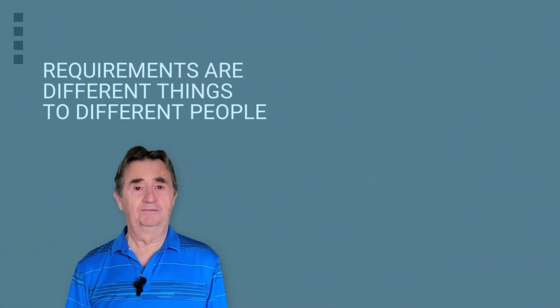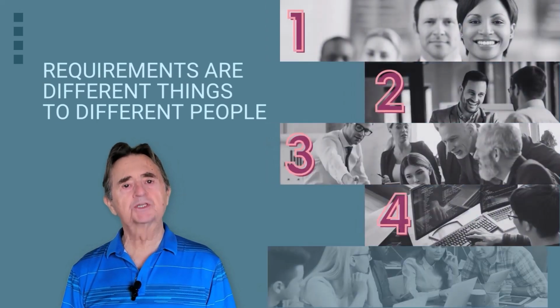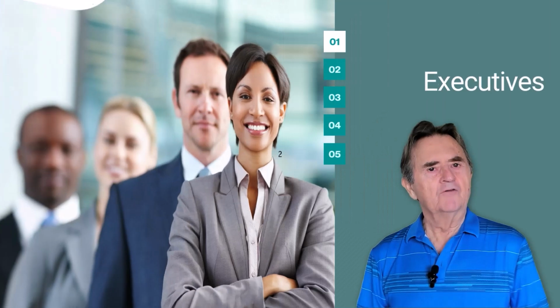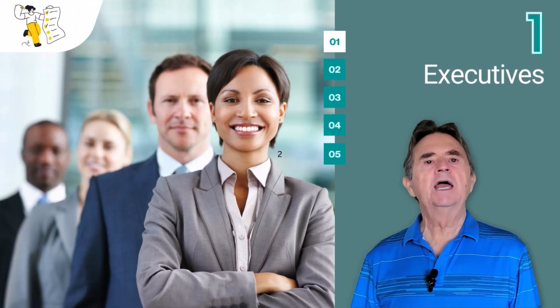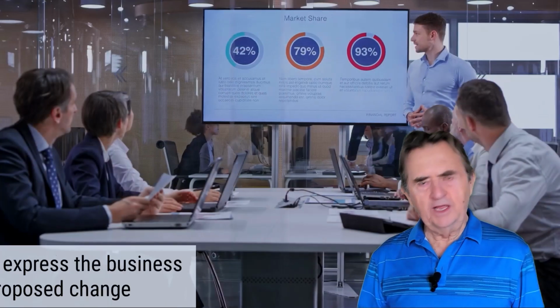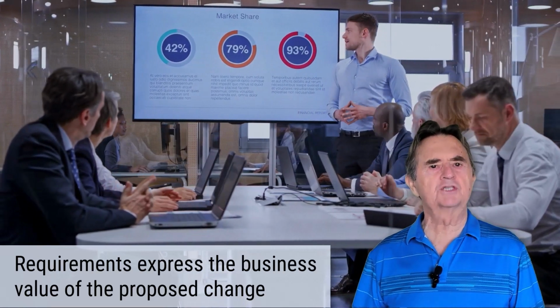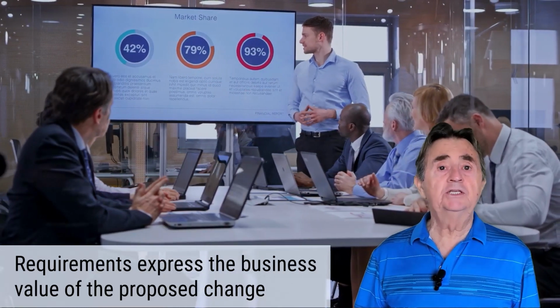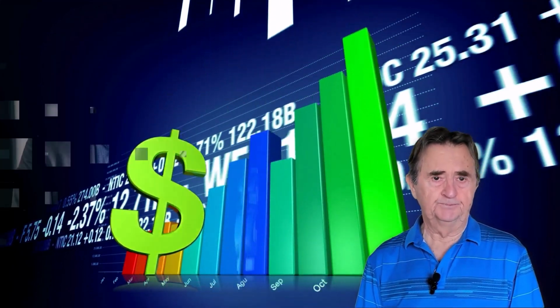But requirements are different things to different people. Each group views requirements through the lens of their specific roles and responsibilities. For executives, requirements define what the project aims to achieve and how it aligns with the organization's specific goals. They express the business value of the proposed change to enable informed decisions and gauge the project's potential impact on the company's bottom line, market position, and customer satisfaction.